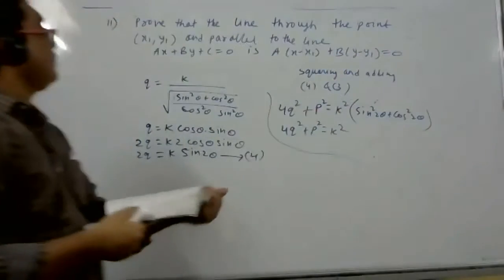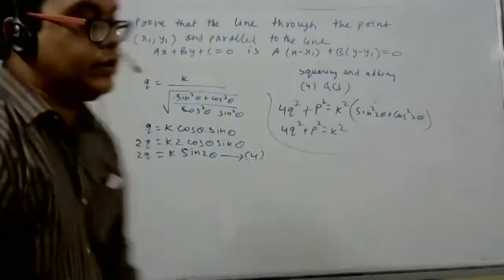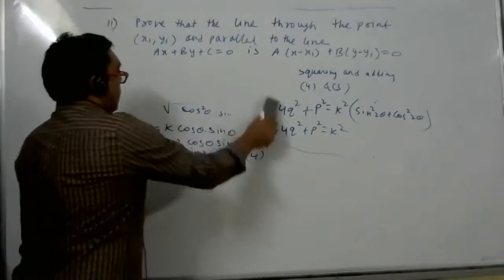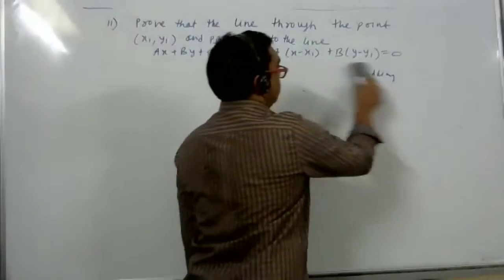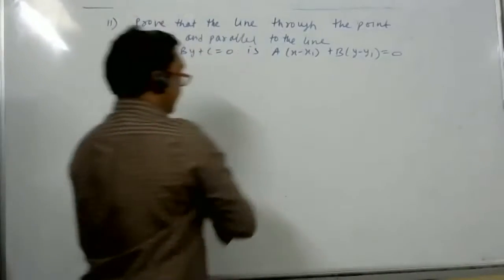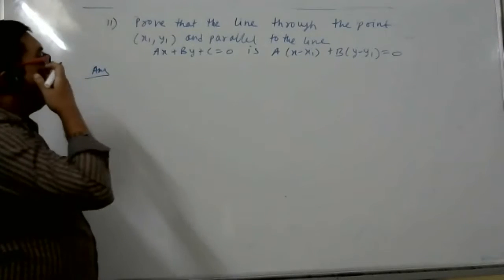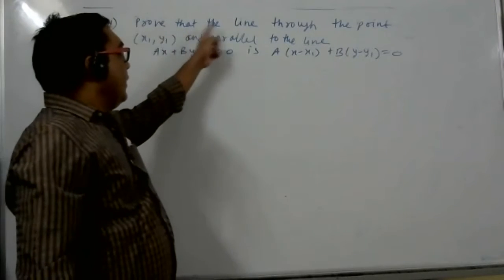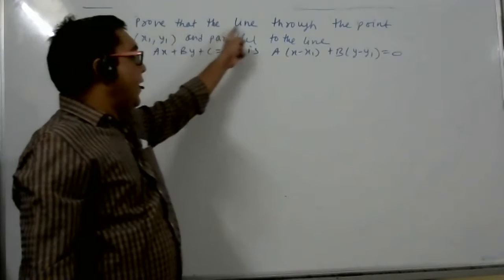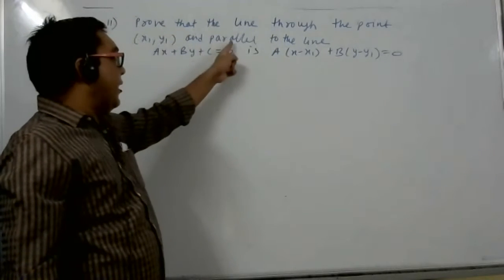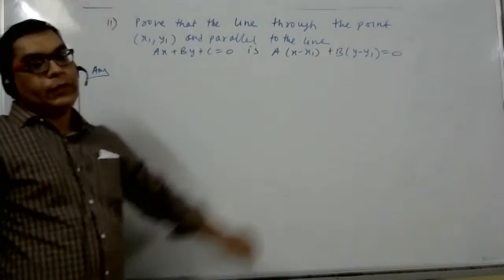Very good. This is the sum. First understand the question. Prove that the line through this point and parallel to ax plus by plus c is this line.